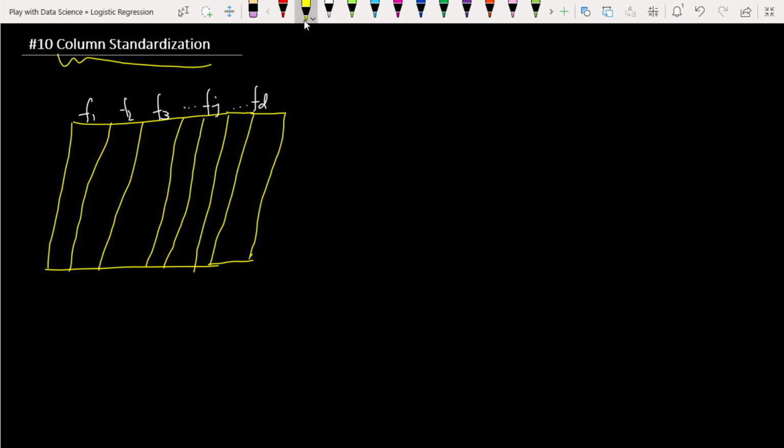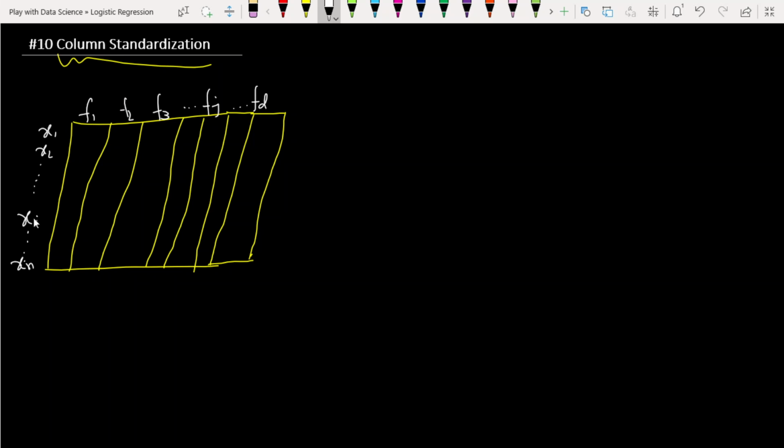Let's say we have a data set called xi. We have data points x1, x2, up to xn.